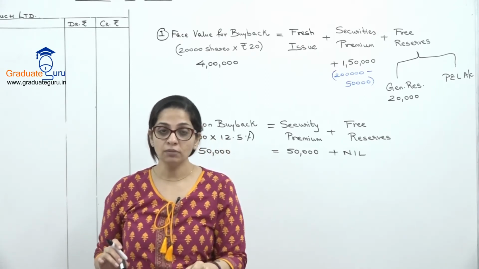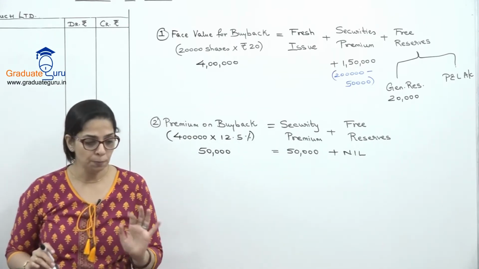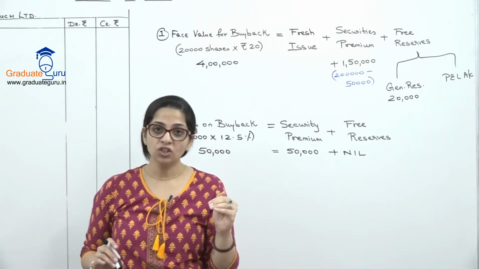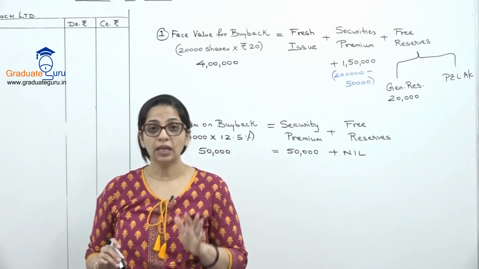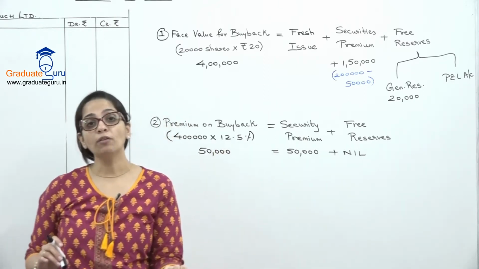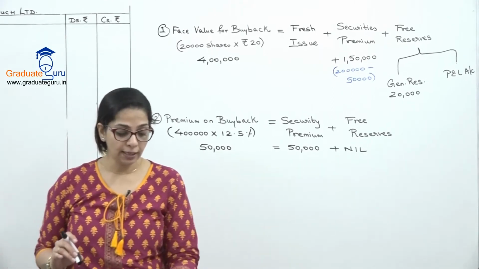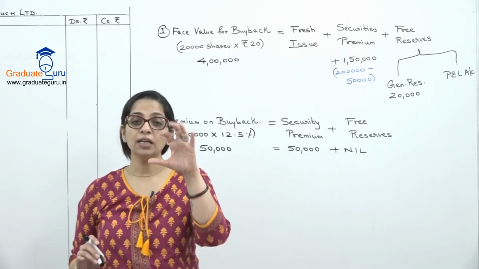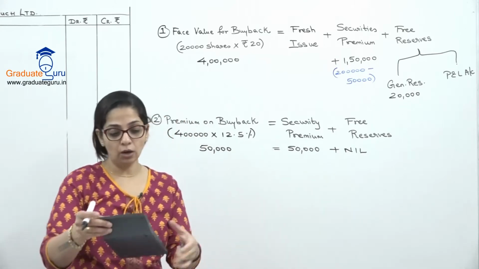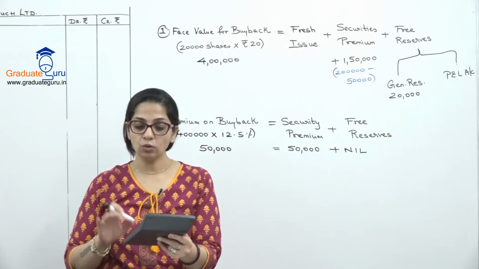Sold investments of book value 1,75,000 for 1,50,000. We are selling for less, so there is a loss. How much is the loss? 175 minus 150, a loss of 25,000. So whatever my P&L balance is, I will have to subtract this loss from it. So 80,000 is my P&L balance minus 25,000 loss.